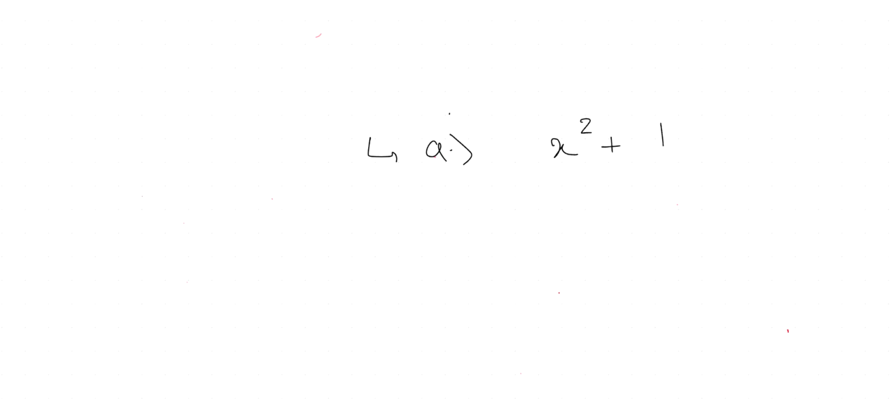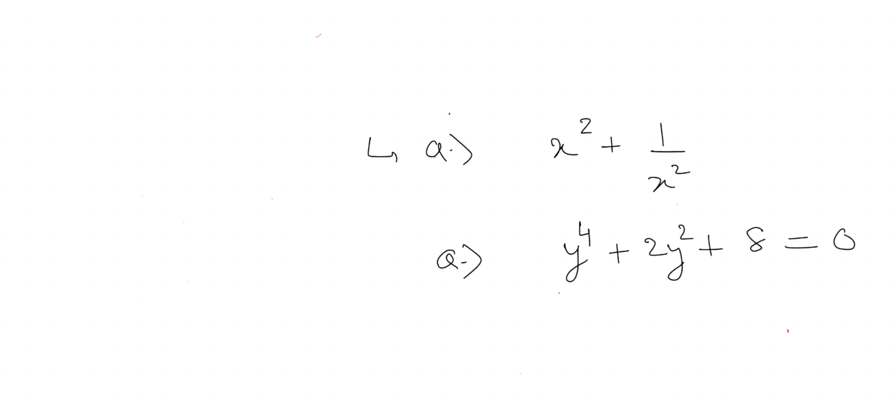Do you think this also is quadratic in nature? That's the first question. Second question would be if you have y to the power 4 plus 2y square plus 8 is equal to 0. Can we use quadratic to solve this question? And how do you think you can solve it?